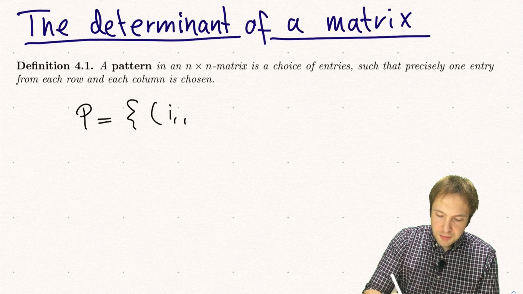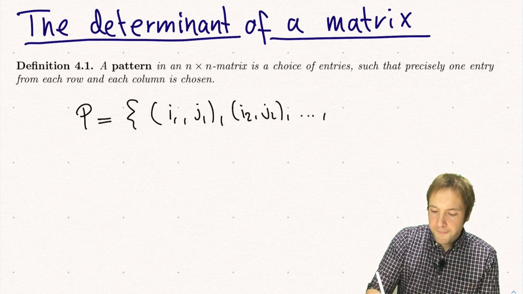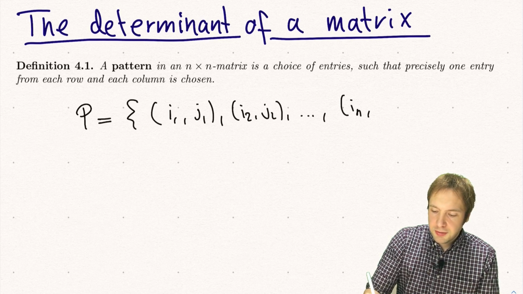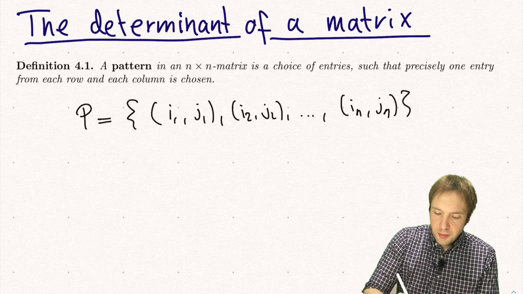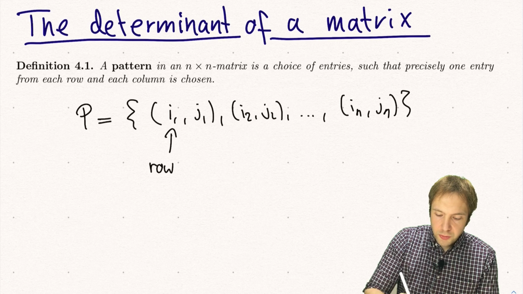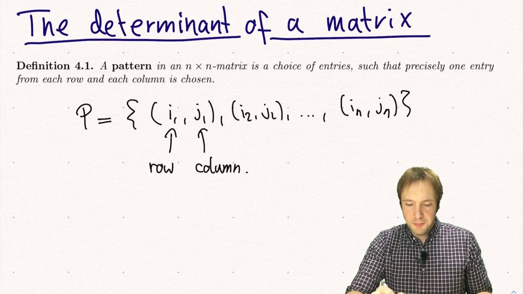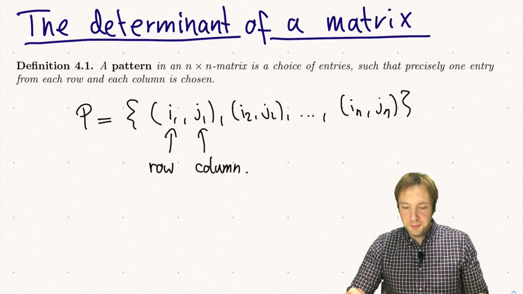So it will be some tuples (i1, j1), (i2, j2) up to (in, jn), where these i's are the position of the row, and this indicates the column. But let's just do an example, and then this becomes clear.